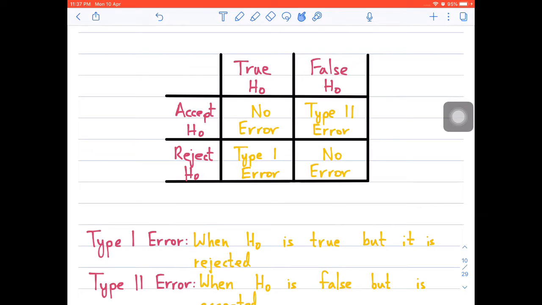However, if the true null hypothesis was rejected, then that is a type 1 error. There was a true statement, but it was rejected, so that's an error. That is called a type 1 error.